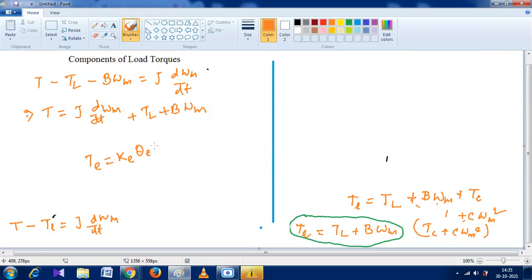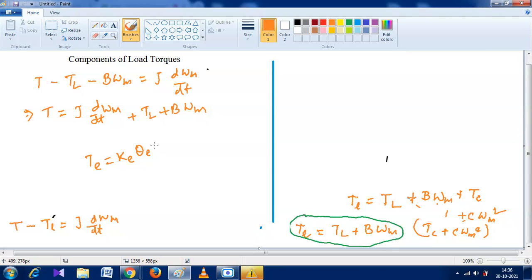So with this, now tell me how many components there are of load torque. What are the components of load torque?